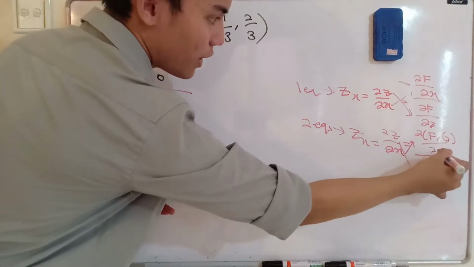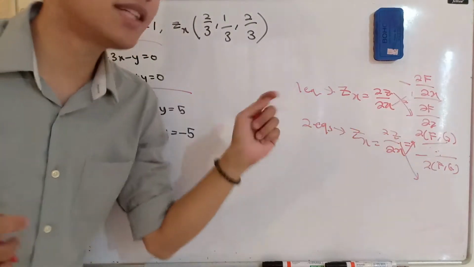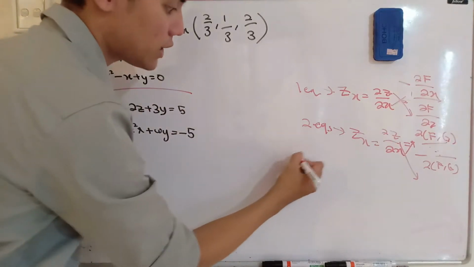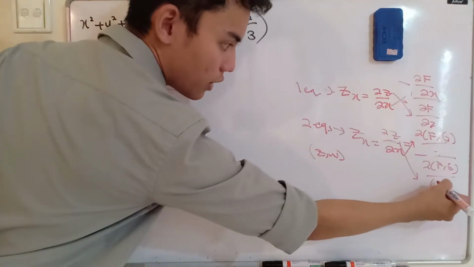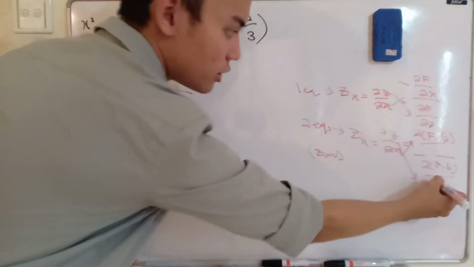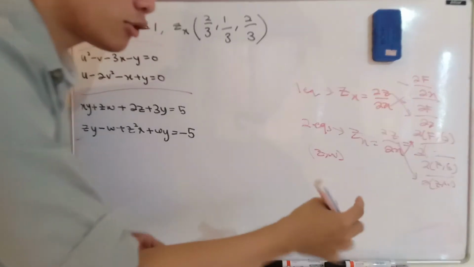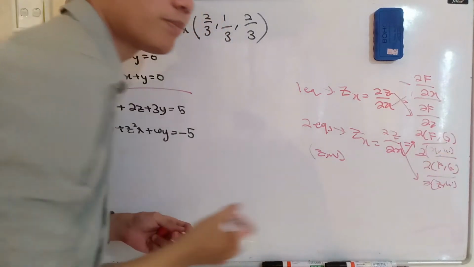Let's say I have two, I have z and also I have w. Here I'm going to write zw. Here I need to change my z to x, so it's going to be xw.